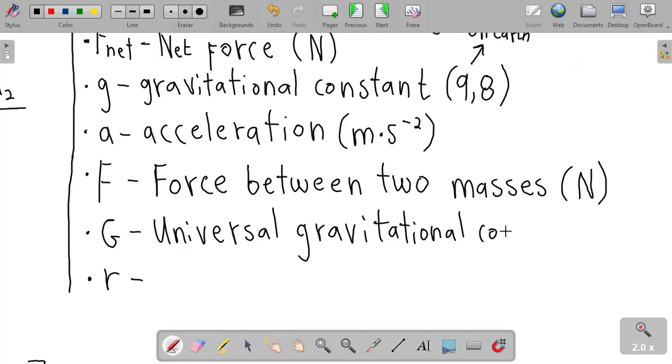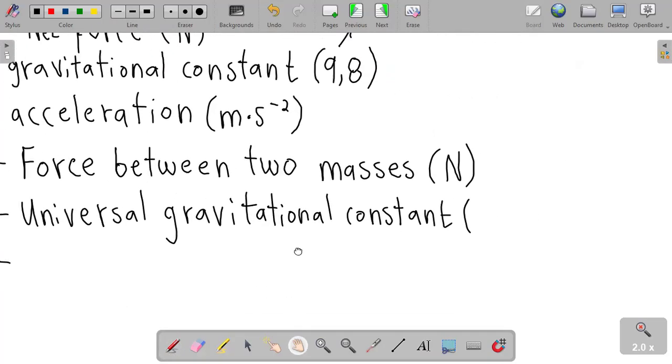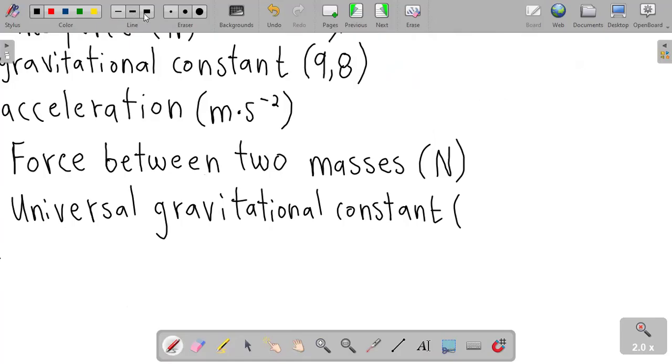It doesn't change. So it has the same value everywhere. It's 6.67 multiplied by 10 to the negative 11.